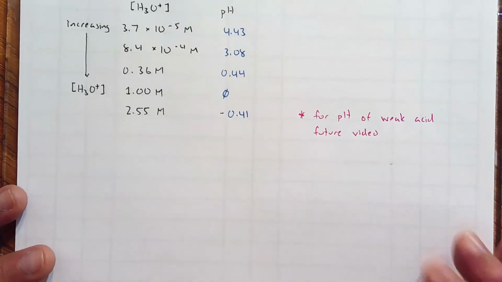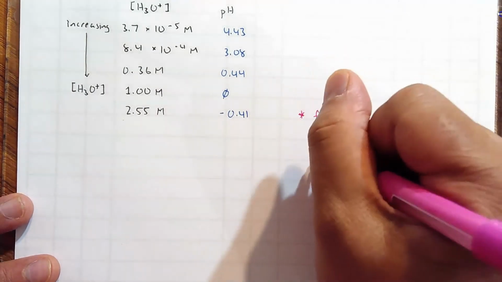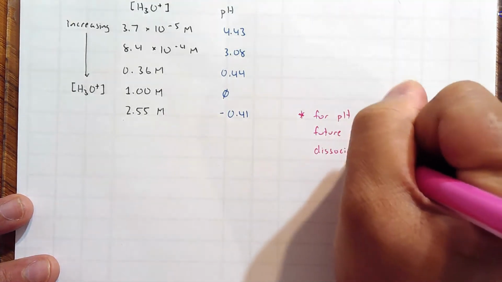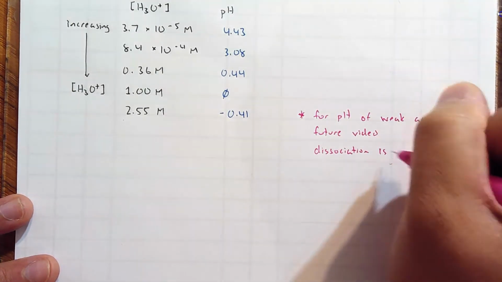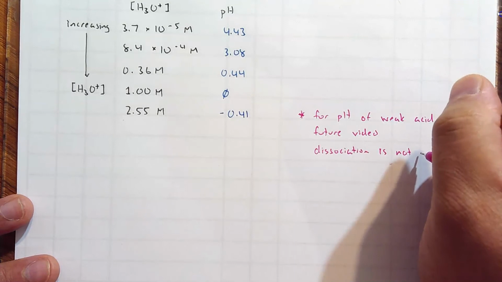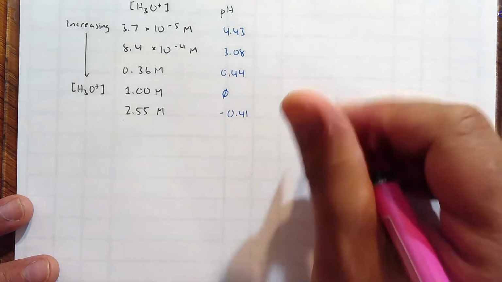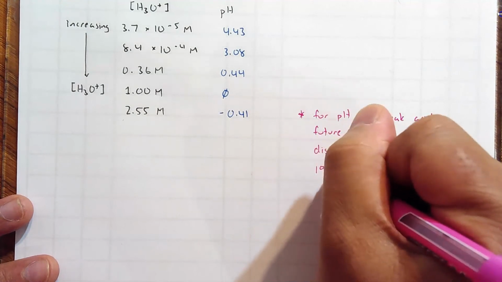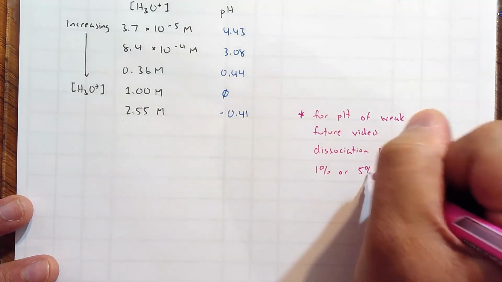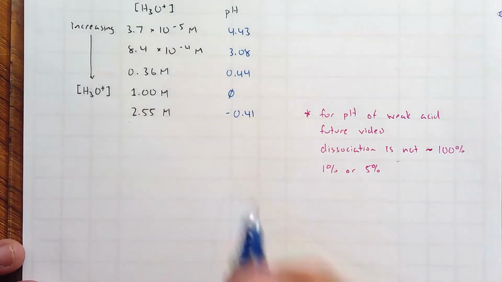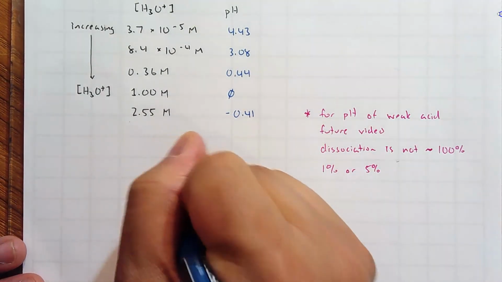It gets complicated because dissociation is not near 100%. Actually, it's closer to maybe 1% or 5%. So the problem with weak acids is when we have a weak acid.